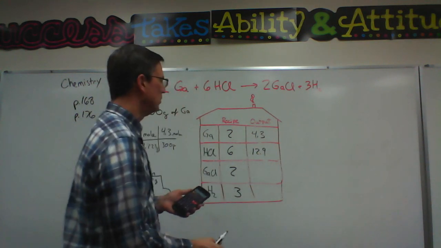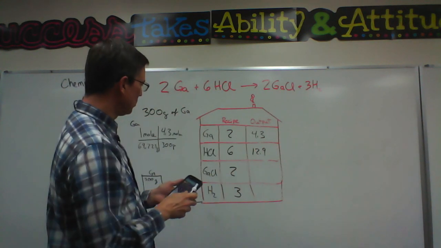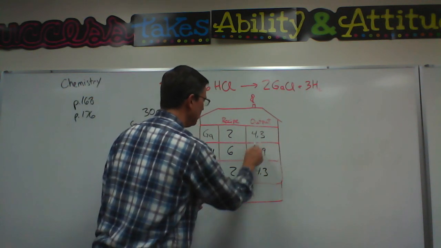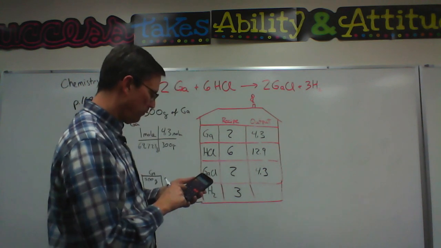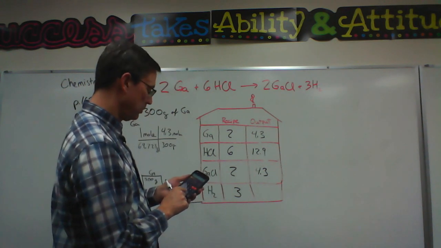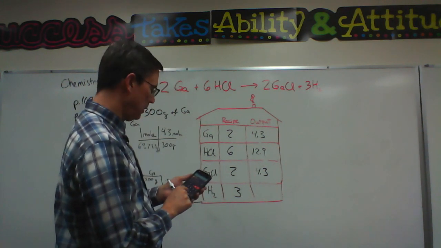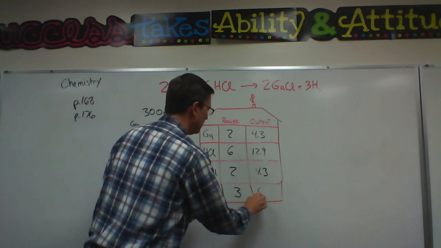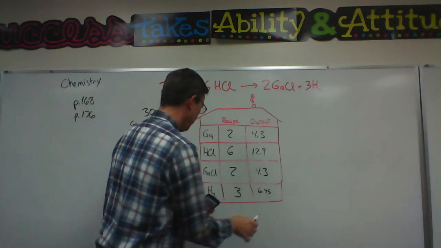All right, so that much is going to come draining out of the hydrochloric acid tank. And then this is going to also come out to be 4.3. And then 4.3 times 3 divided by 2, 6.45. Okay?